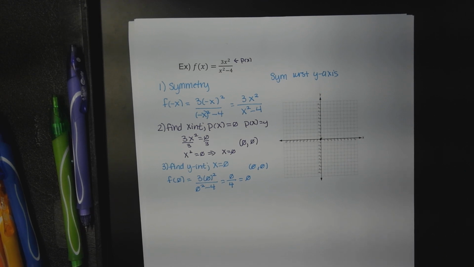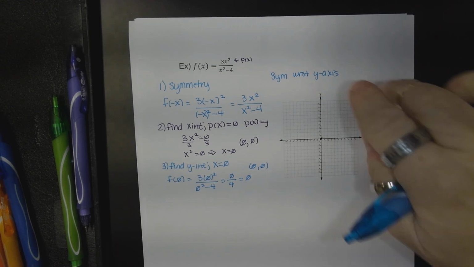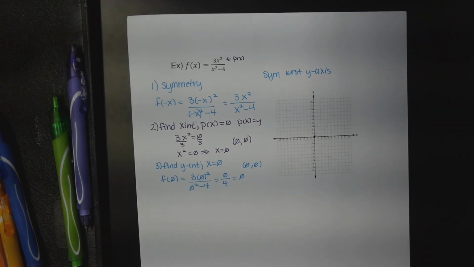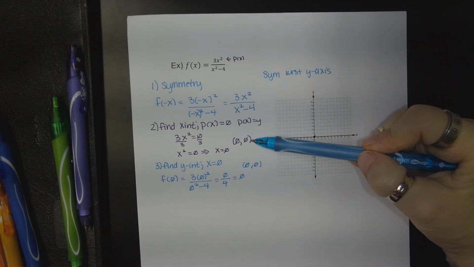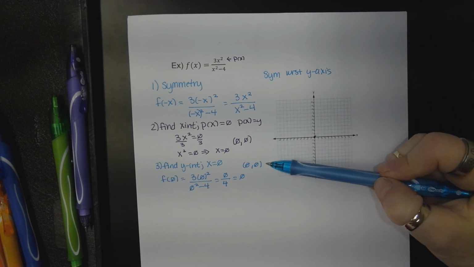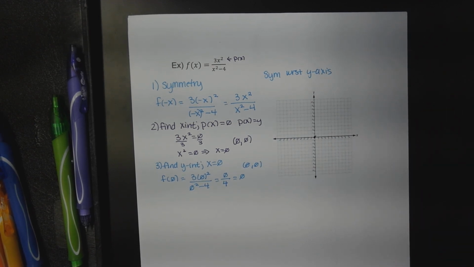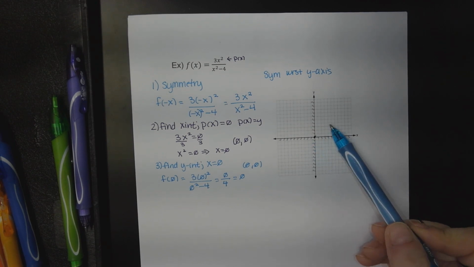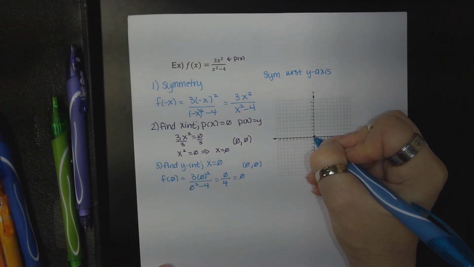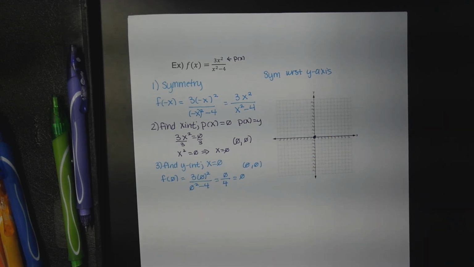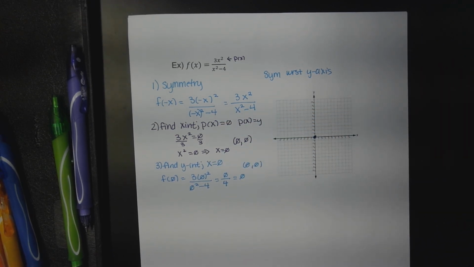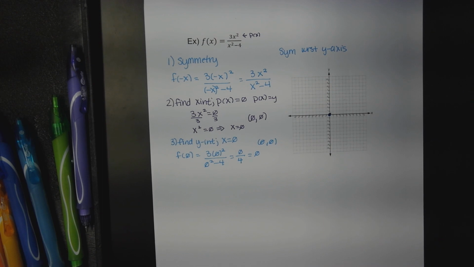Let me tell you guys a little hint, something that's always true. There's not a lot of times I can say always in math, so I love it when I can. If your x-intercept is 0, 0, your y-intercept is going to be 0, 0, without fail. Because if it crosses here on the x-axis, it's going to cross here on the y-axis. So we share the same point. I'm just going to put a little light blue ring around it. But that's always true. Just know that. It'll save you some time on the test.